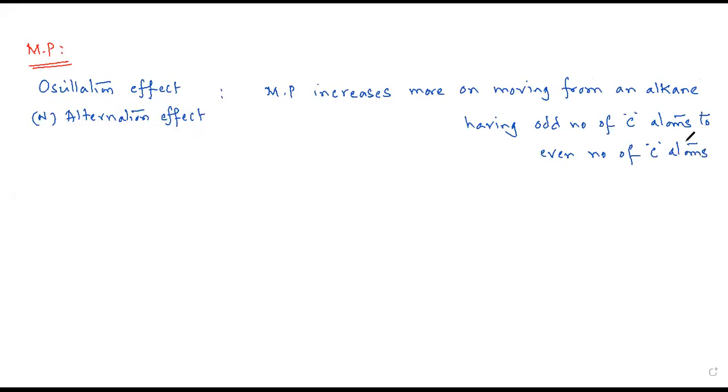I'll give you some values. Let us see then. But for now, see this. Increases more on moving from an alkane with odd number of carbon atoms to even number of carbon atoms. Odd to even increases more. Of course, vice versa.